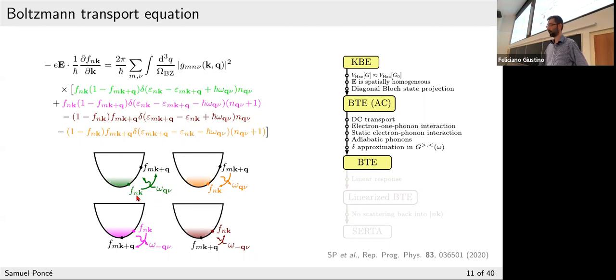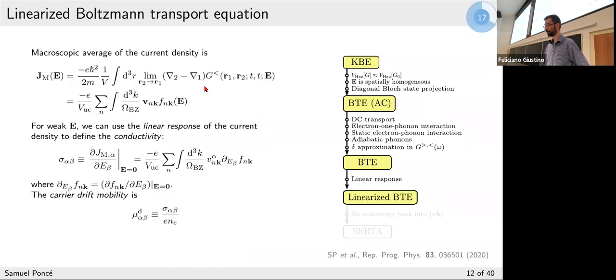They correspond to an electron leaving the state Fnk or entering the state Fnk by absorbing or emitting one phonon. So those are the four possibilities. And keep in mind, these F are really field dependent. They are out-of-equilibrium F, and this is what we want to compute.